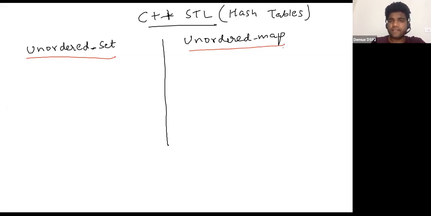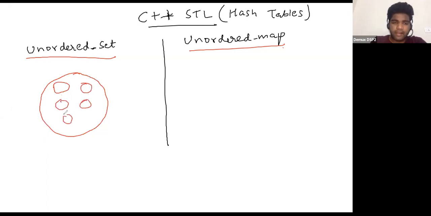And C++ tells you that this is one container where you can put any data item. That data item may be a primitive data type or maybe an object. I don't care.